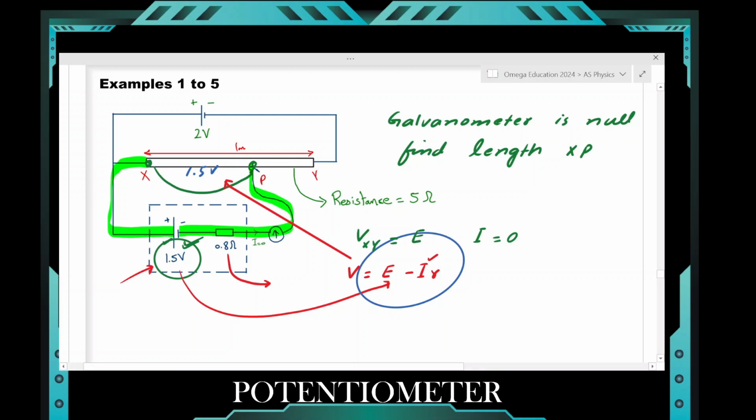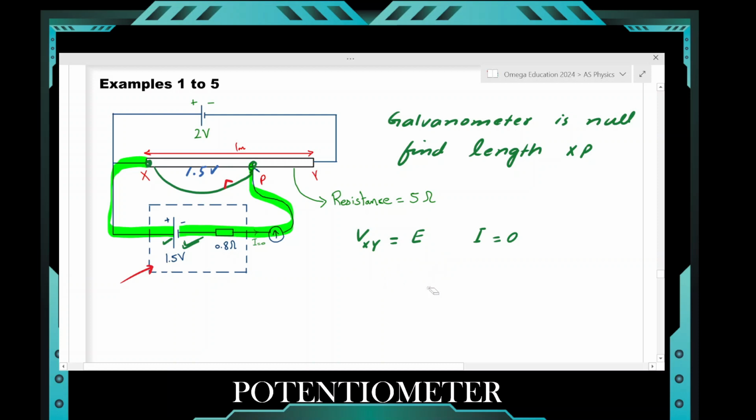And this is precisely the advantage of using the potentiometer. It can give you the value of EMF of the unknown battery without drawing the current through it. This is why it is preferred over the voltmeter. Now let us solve this one.